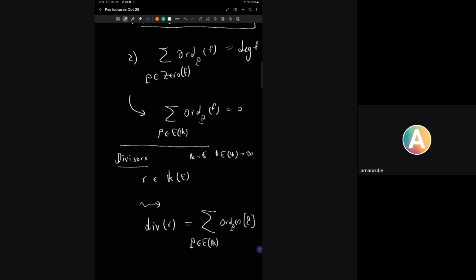But it's okay, because we know that a rational function can only have finitely many zeros and poles over E. And so this sum has finitely many non-zero elements. And whenever I have 0 times P, I just ignore it. I just treat it as 0.